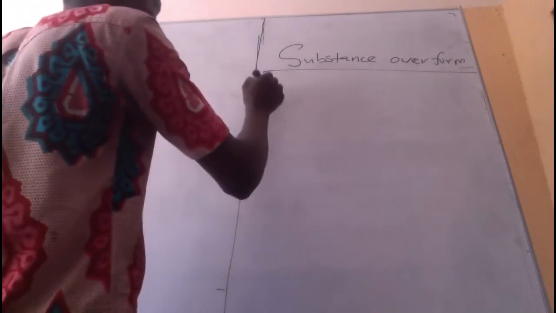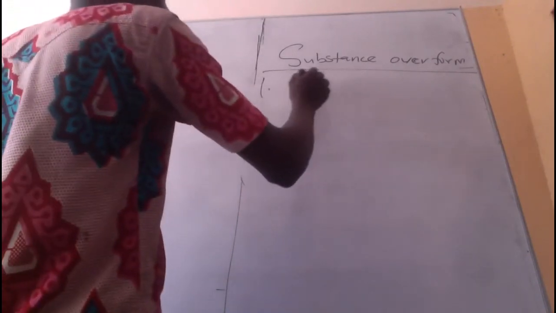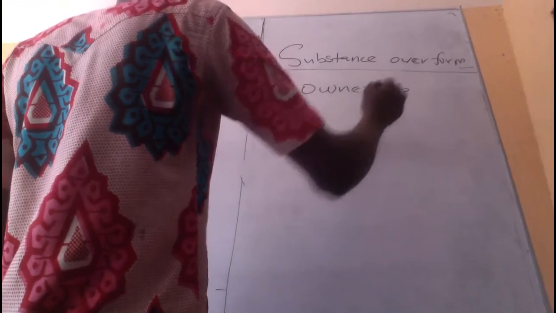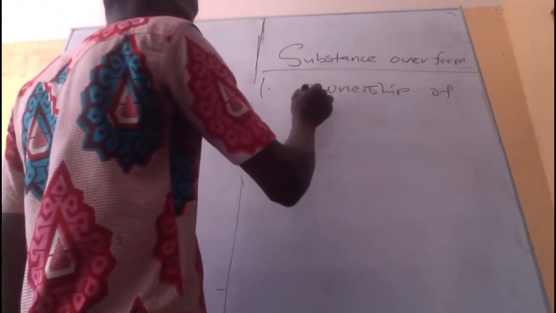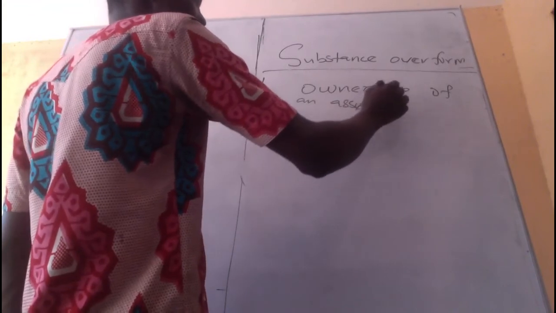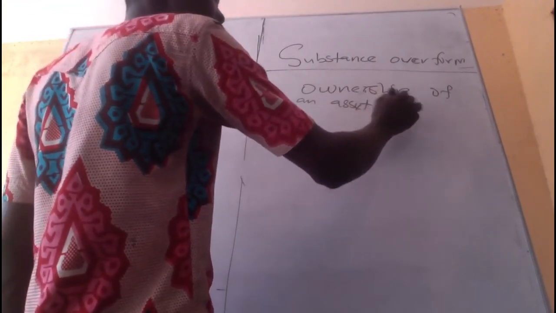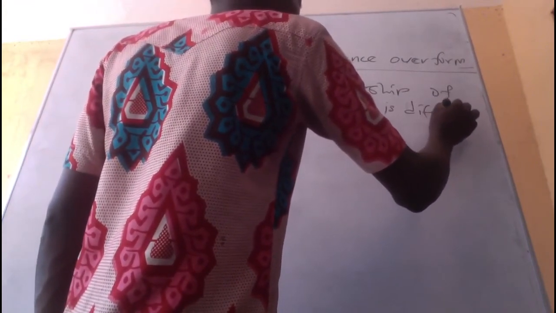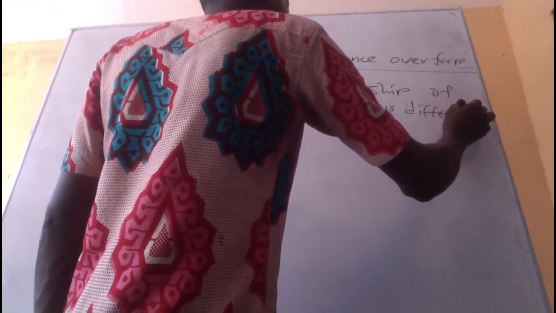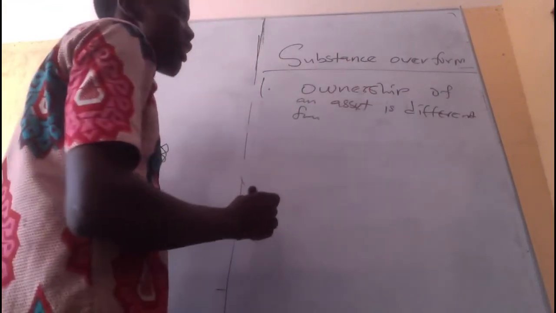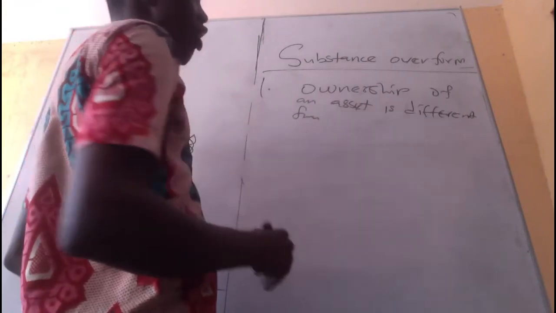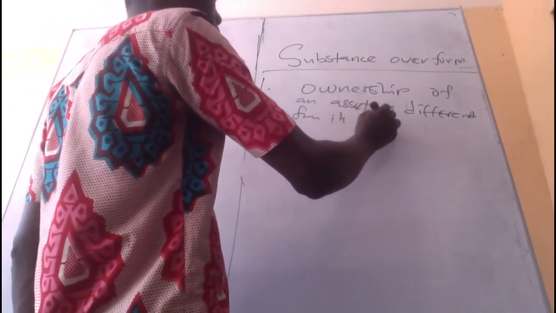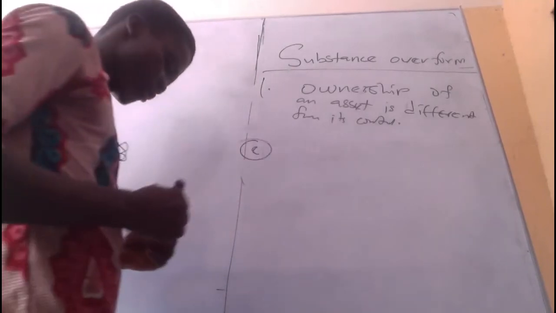Indication number one, where ownership of an asset is different from the economic benefits or different from its control. Oh yes, different from its control. Good.